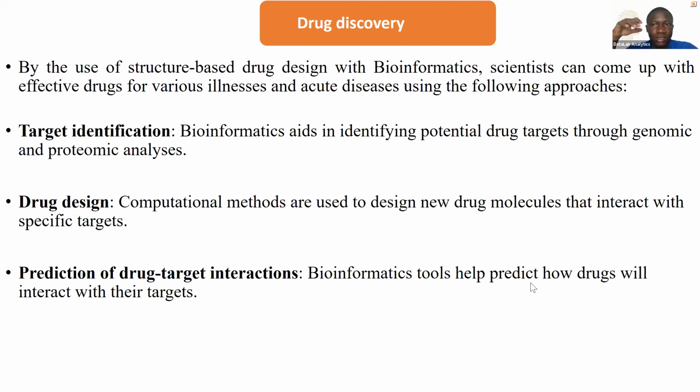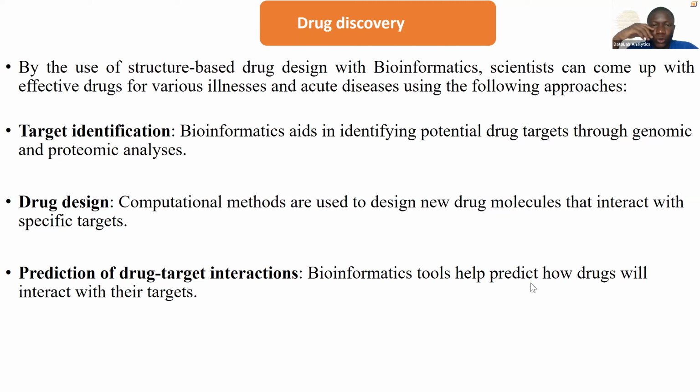After that, these computational drug scientists will go further into designing a drug molecule that will fit into the identified target site. So that's another angle: target identification, then drug design.